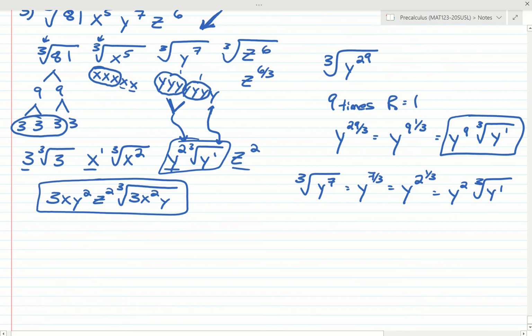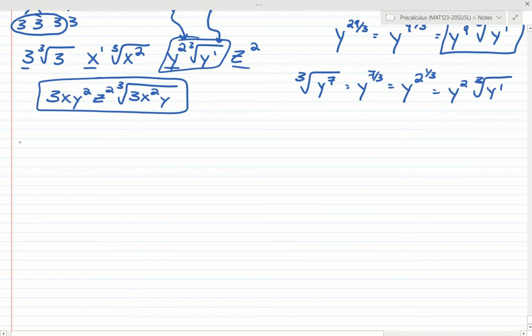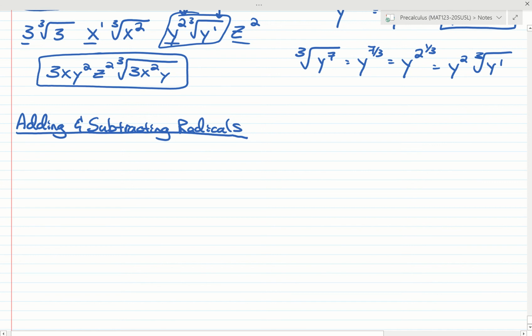Okay, let's talk about how to add and subtract radicals. Now, in order to add and subtract radicals, we need to have the same indices.